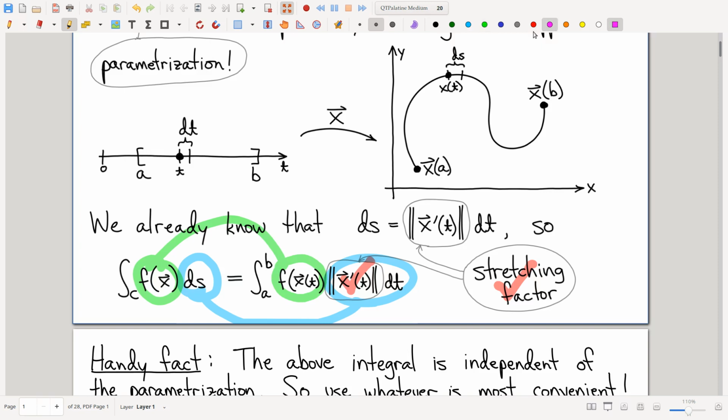Keep in mind the parameterization there, x is a function of t, tells you literally how to rewrite x and y in terms of t. So just plug that on in. And happily, we now have an integral pulled back onto our new domain here on the t-axis, and this becomes a plug-and-chug question. Okay. All righty. So parameterize, and don't forget your stretching factor.